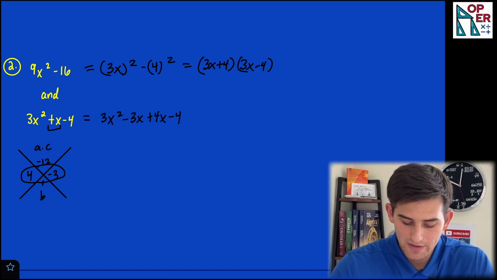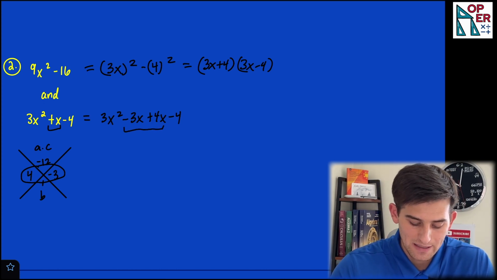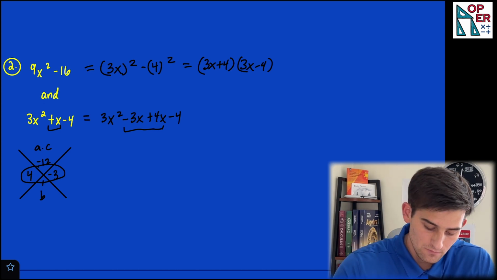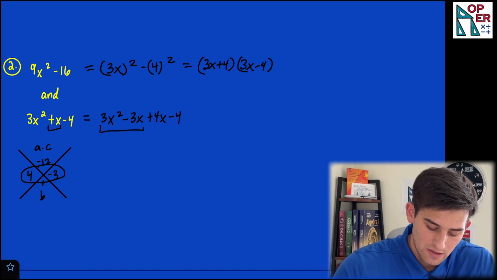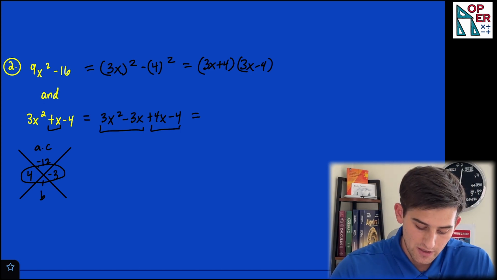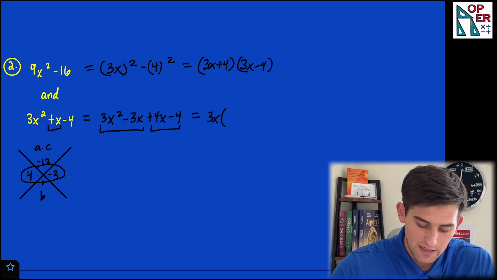Notice we didn't change the value here because if I were to combine my x terms in the middle, negative 3x plus 4x would just be x. Now I'm going to group my first two terms and my last two terms, and factor out the greatest common factor. For 3x squared minus 3x, we can factor out a 3x, and that would give us x minus 1. For 4x minus 4, let's factor out a 4, and we also get x minus 1.